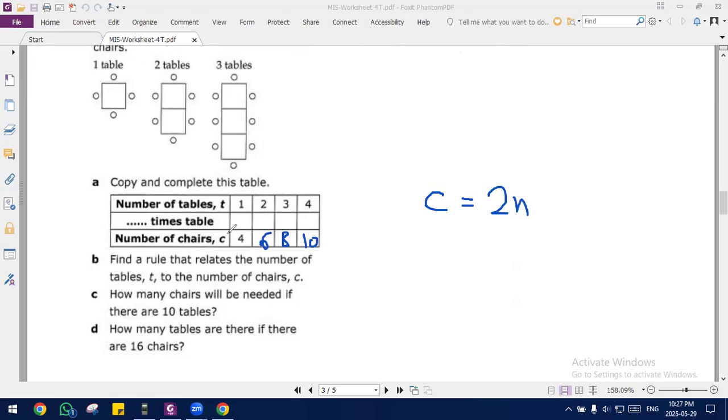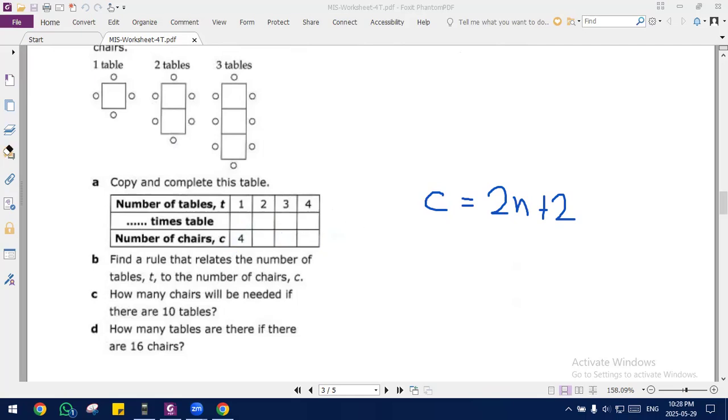To check if it is correct or not, let's use n equal 1. What does that mean? The first term. First term means n is equal to 1. 2 times 1, 2. But here I have 4, not 2. So I have to fix it, so I put plus 2. Now let's check the second term. Would it be correct? Second term, n is equal to 2. 2 times 2, 4, plus 2, 6. Yes, it's correct.